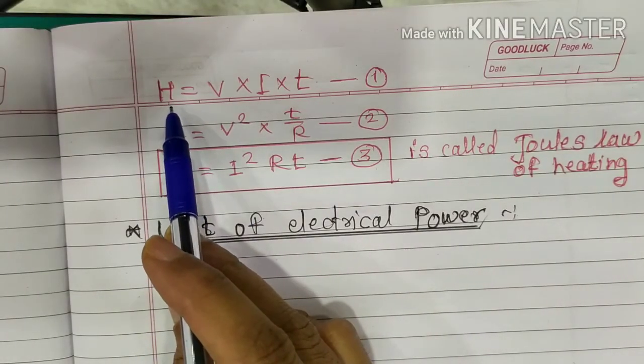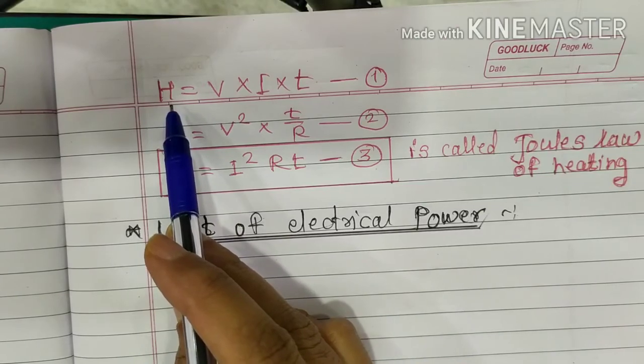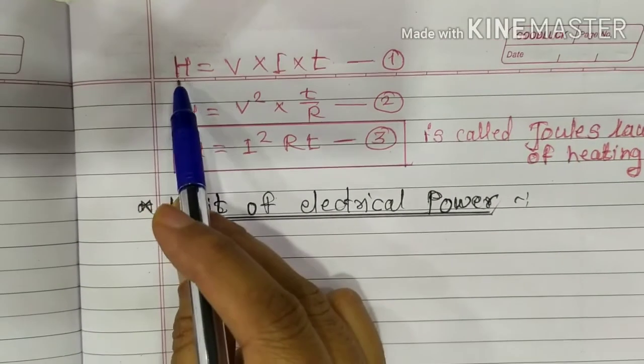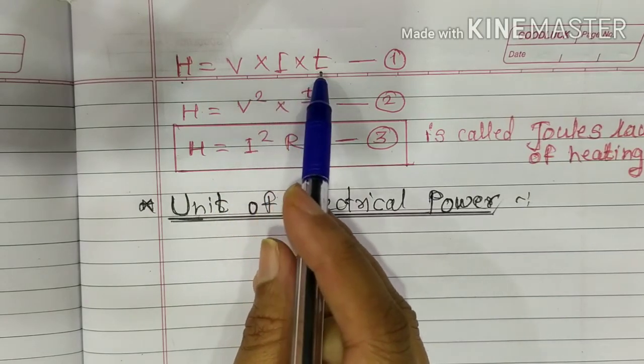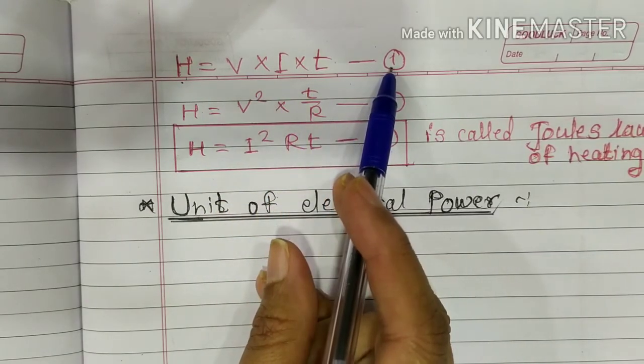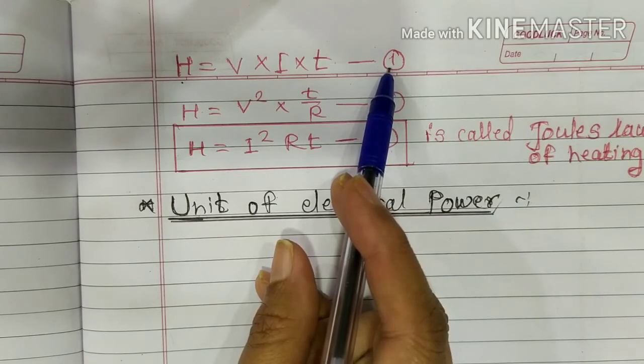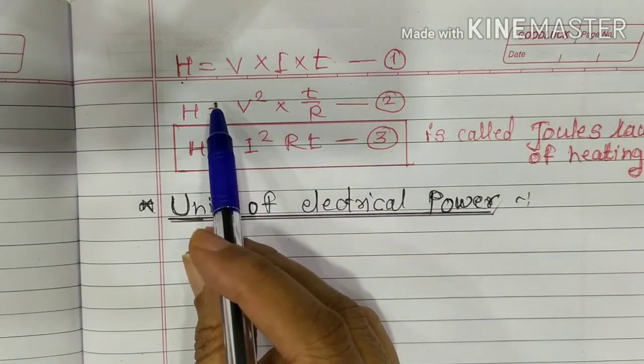Up to this point we have three formulas for the heat. H is equal to V into I into T is the first formula for finding the heat in the resistance.